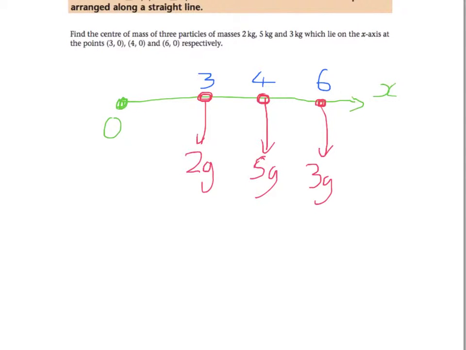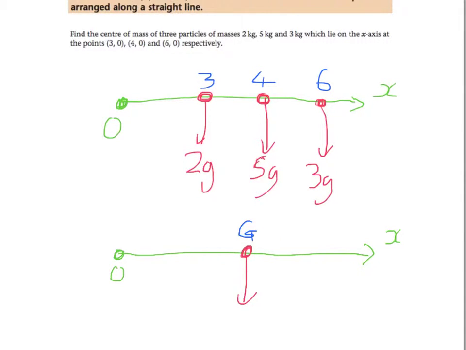So along our x-axis, we're going to have some position here where all those masses will be acting. Let's call this mass at the centre of mass G. This is where these three particles will all be having their centre of mass.